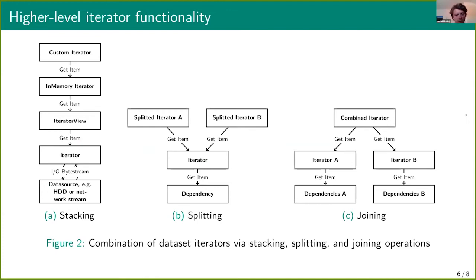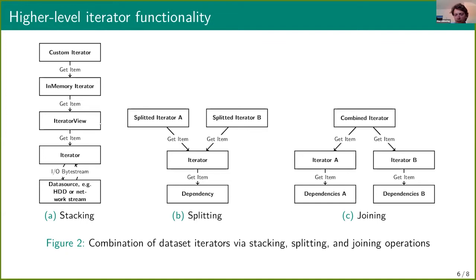So for stacking, we start with a base iterator, which is loading the data from disk. And then we can have on top different types of iterators that just work using the child iterator. In this particular case, we are using an iterator view, which just considers a subset of the indices.